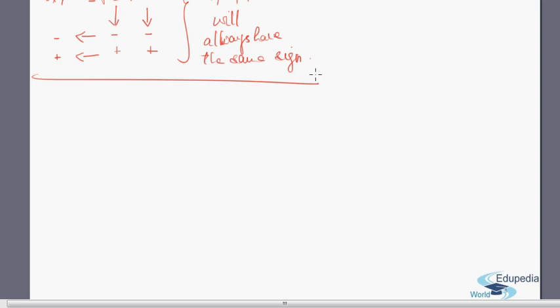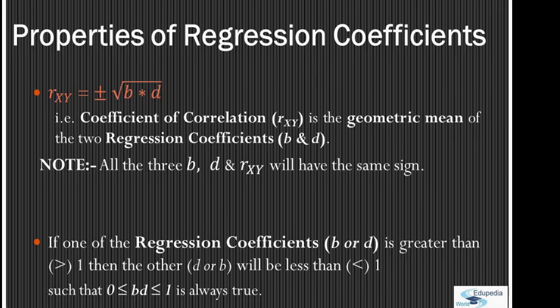Fine. And these properties will help us out when we solve a problem to verify whether the answers are correct or not. Alright, so now let's move on to the next one.